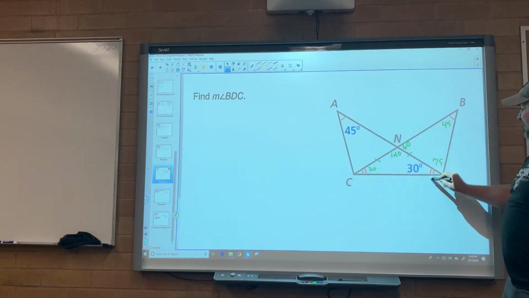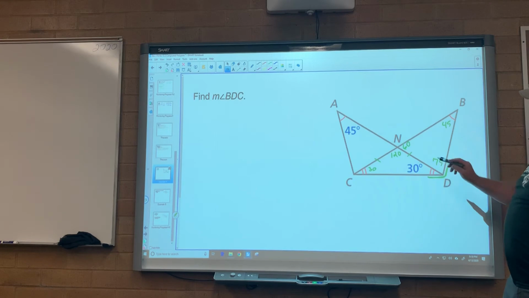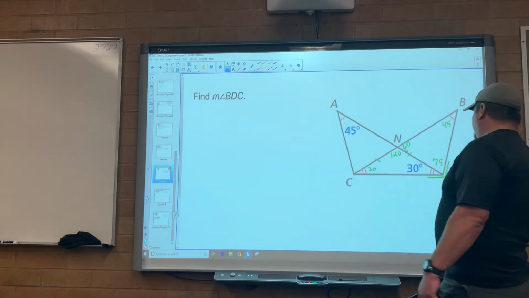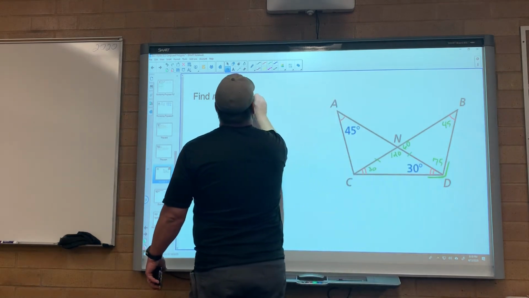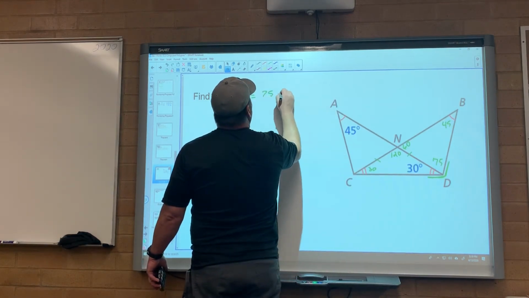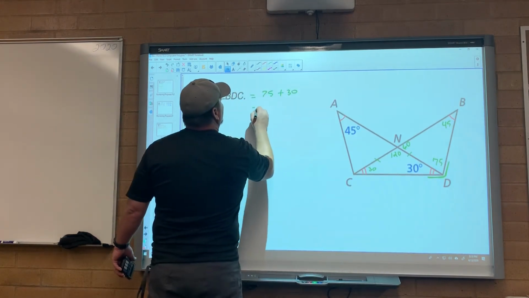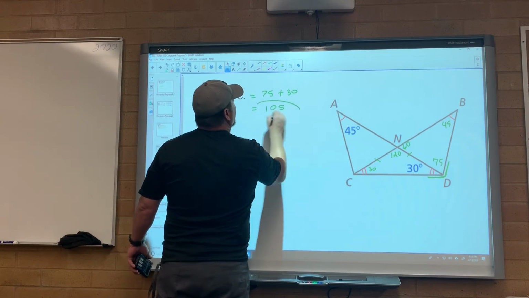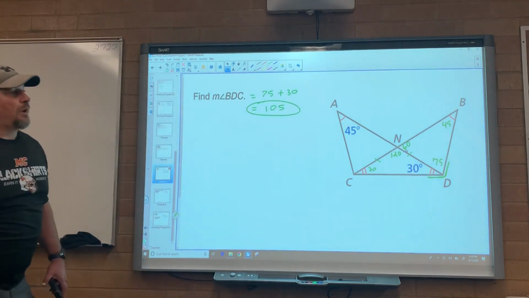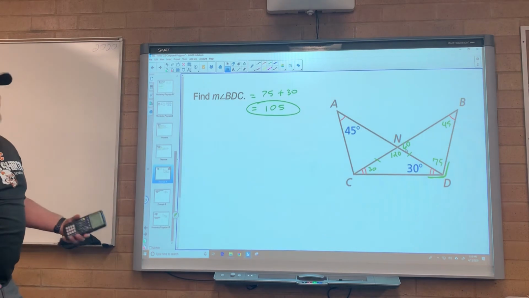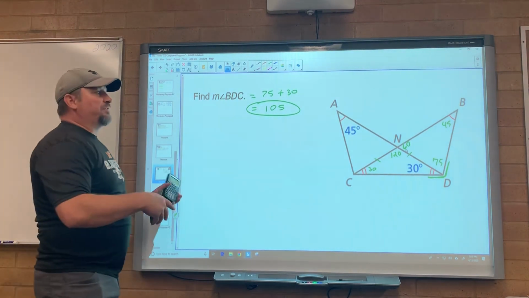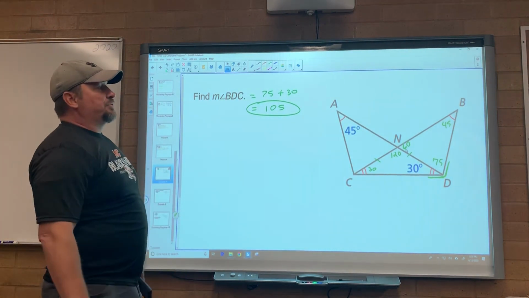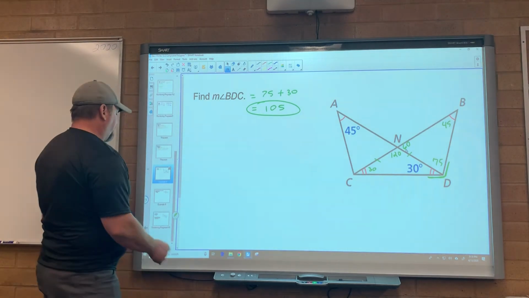That's the entire thing from here to here. So all I have to do now is add 75 and 30, which is 105. And that's how you find it. So we took some of the information from previous lessons and used it to solve this one.